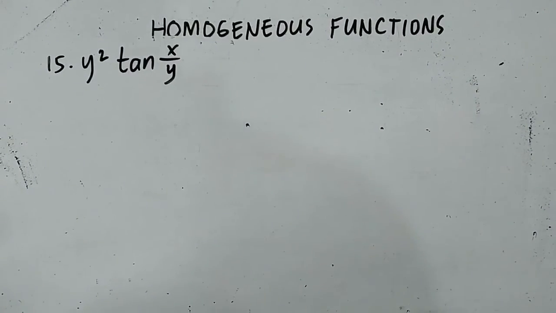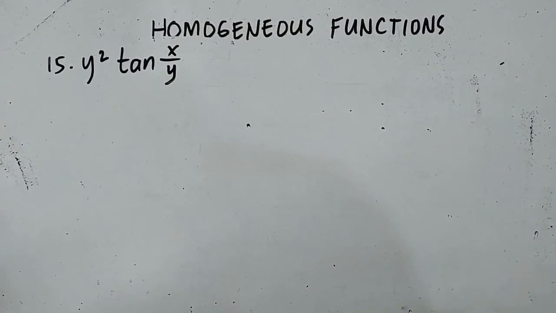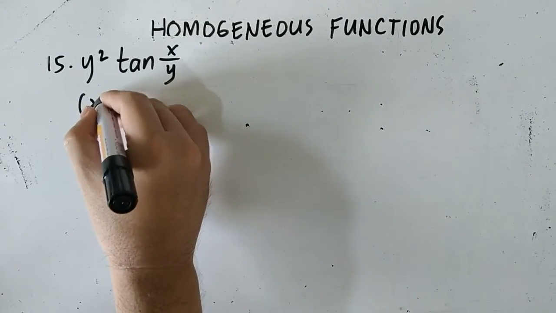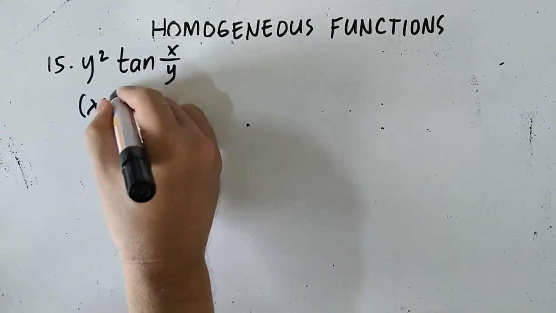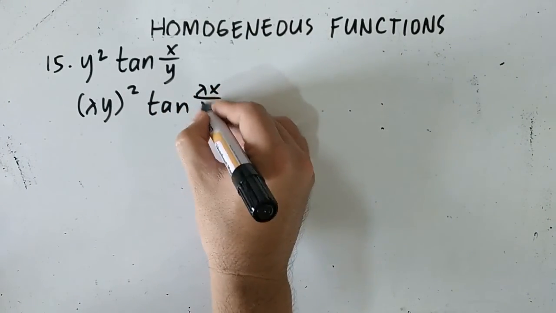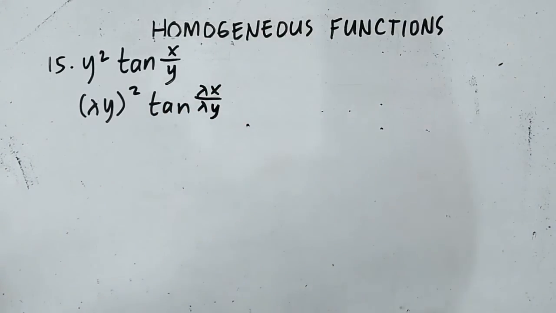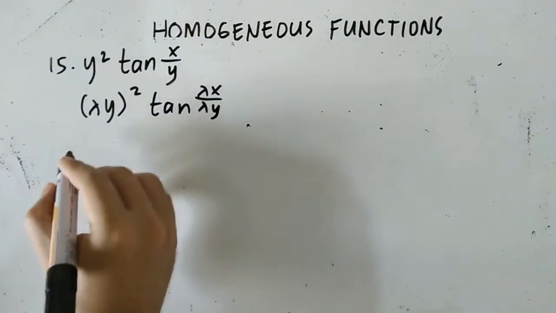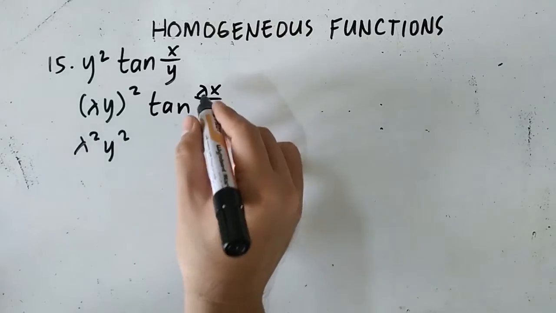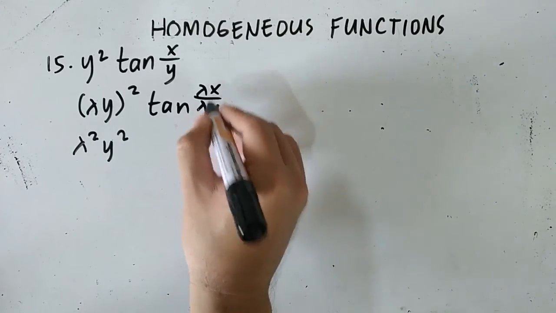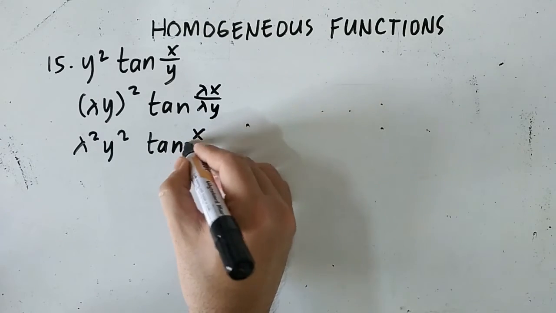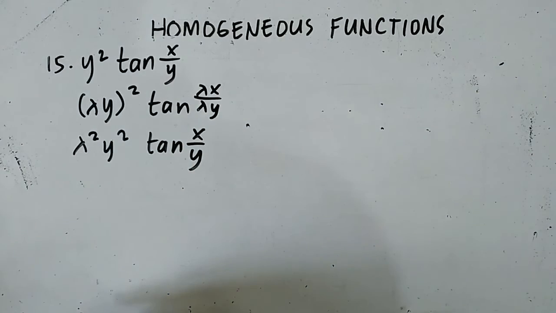Our next example is y squared tangent x over y. Once again, we insert lambda here: lambda squared y squared tangent lambda x over lambda y. Lambda cancels out inside the tangent, so we have tangent x over y.